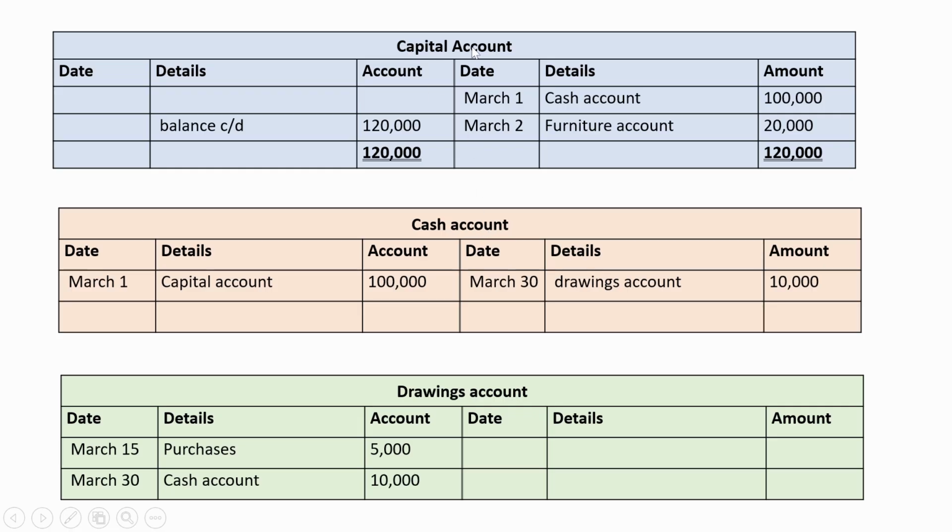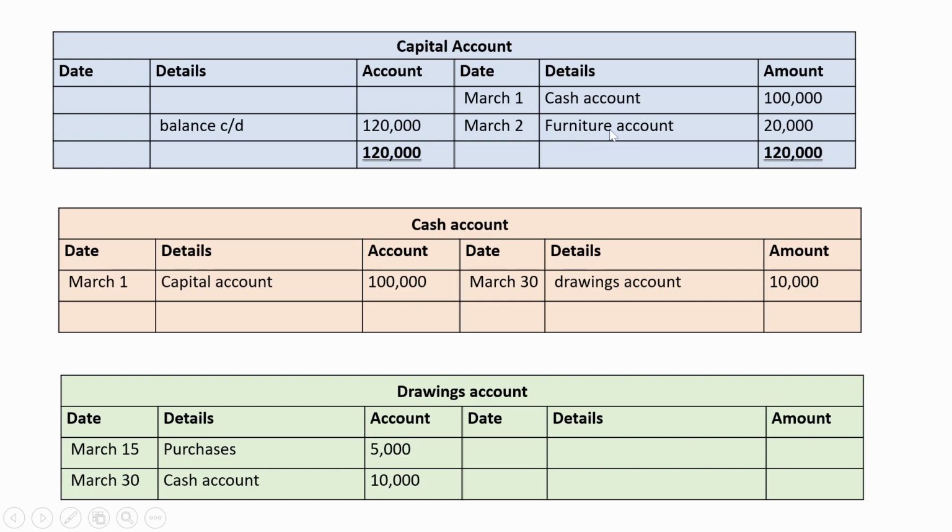The first one is capital account. Anytime capital increases, we are supposed to credit the capital account. Remember, on March 1st, Kamau had introduced cash from personal savings amounting to 100,000. So we debited the cash account, and now here we are crediting the capital account. Again, on March 2nd, Kamau introduced furniture from home into the business.